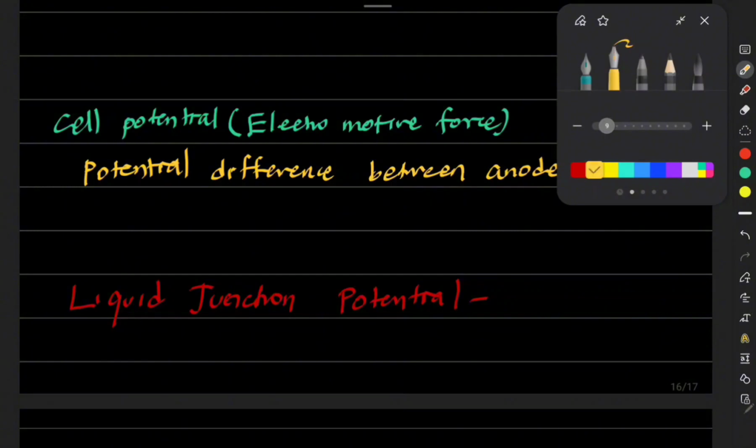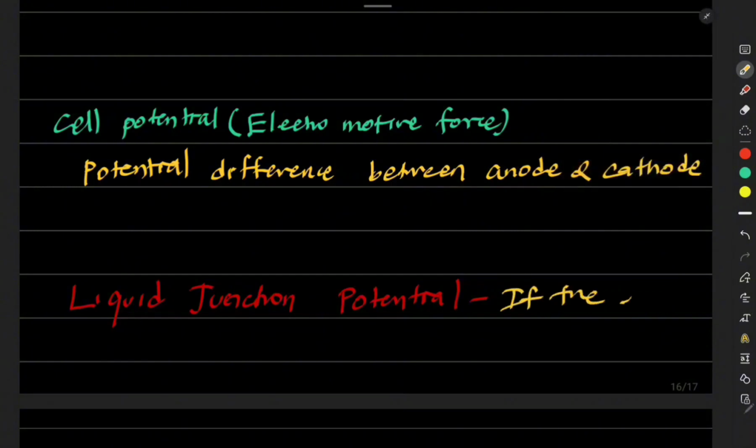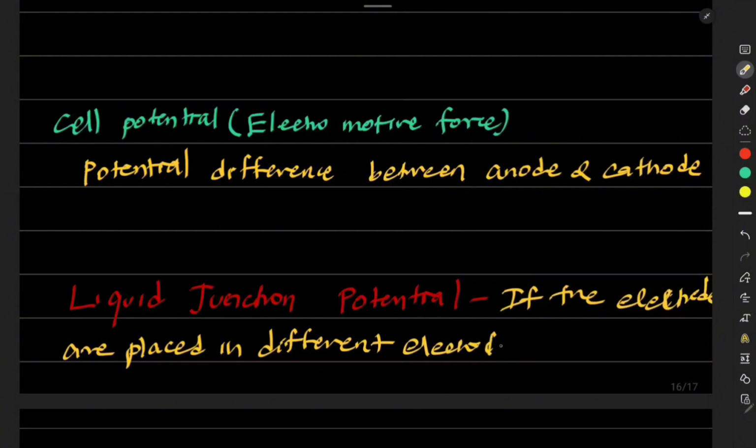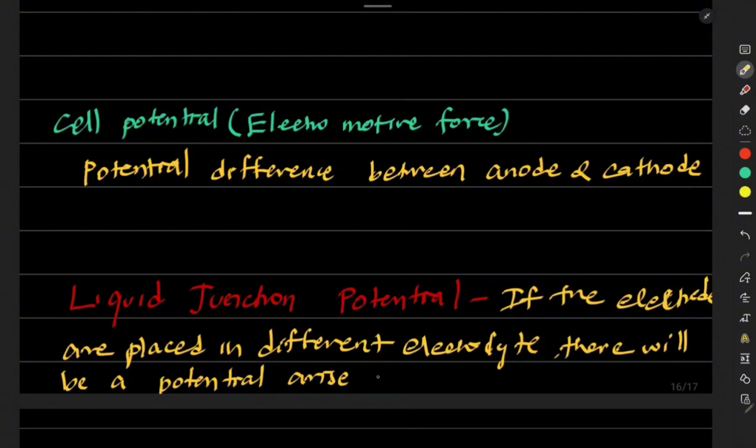Let's write it down. If the electrodes are placed in different electrolytes, a potential arises that is called liquid junction potential, and this liquid junction potential is minimized using the salt bridge.